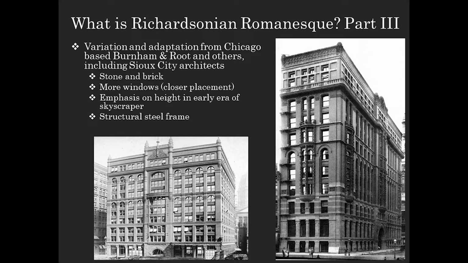And of course, this is the era of the skyscraper, so Richardsonian Romanesque, which is really much more of a squat or shorter style of architecture, is rising in this era. That's due in part to the engineering marvel that was structural steel, which for the first time allowed buildings to be built more than 10 or 12 stories in height when you were dealing with the former structure of wood, post, and beam construction.